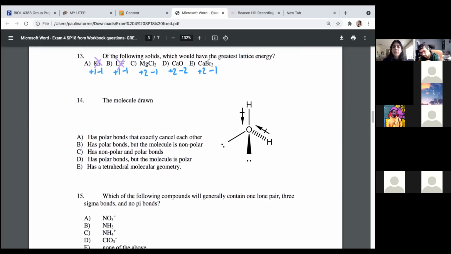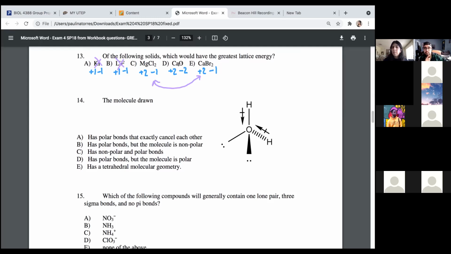Okay, but what do we do from here? So calcium and bromine and magnesium and chlorine are kind of an easy comparison, right? But then we have calcium and oxygen.